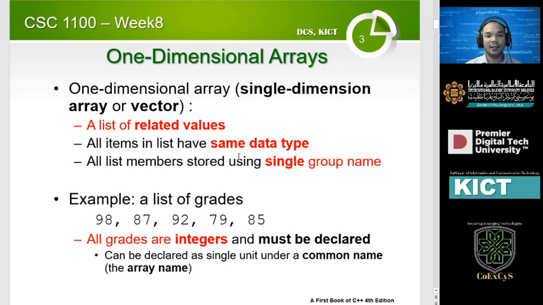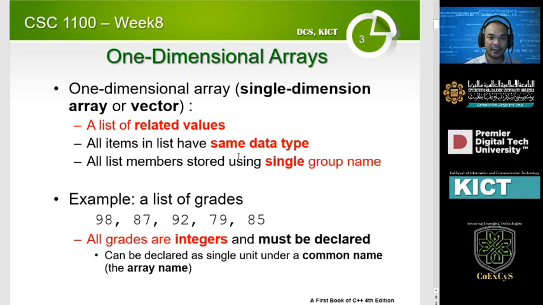And we will be defining an array, right? For example, here, we have a list of student grades, 98, 87, 92, 79, 85, right? And when we put them all together, it has to be of a single or the same data type, right?